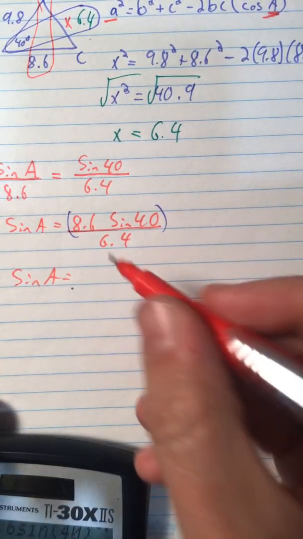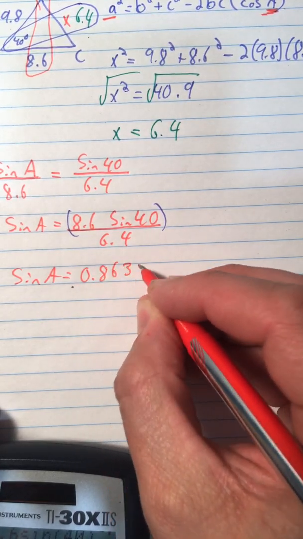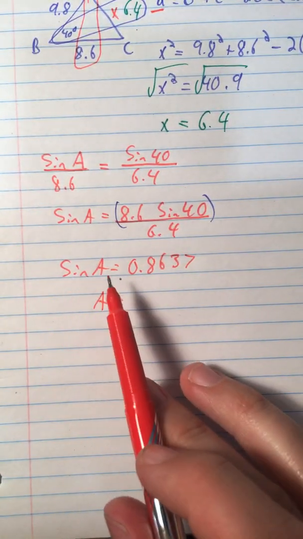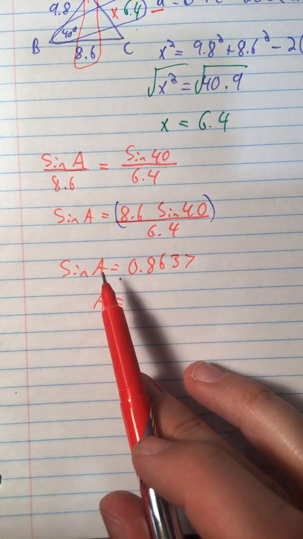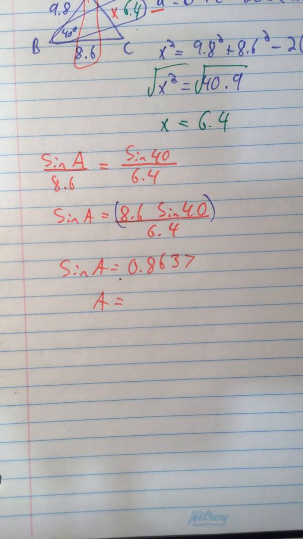And I'm going to get sine of A is equal to 0.8637. To separate sine from a letter, you need to use the sine inverse.